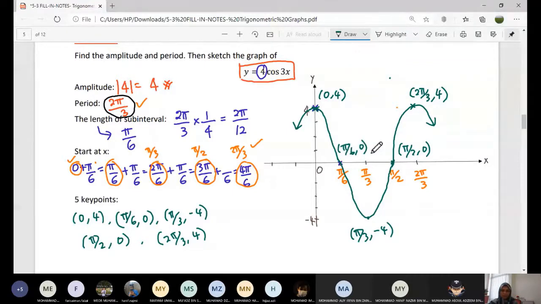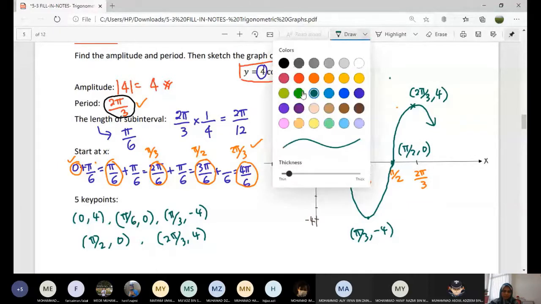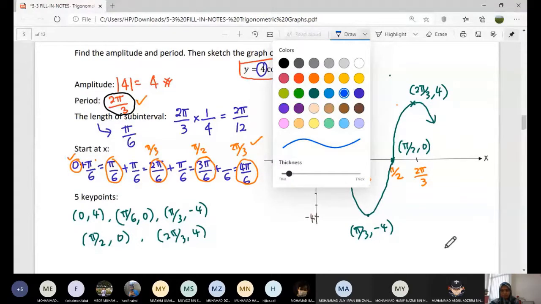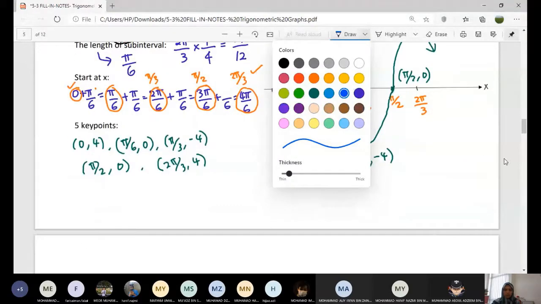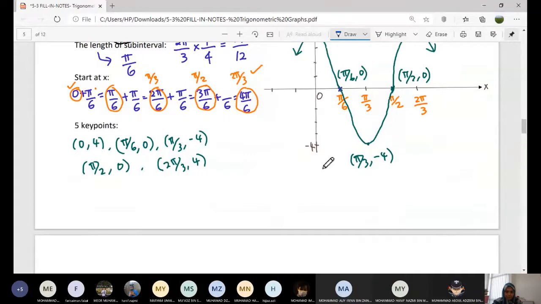And make sure you label where the amplitude is, and also label its period. So this is for one period. This is T equals 2 pi over 3 to this point.